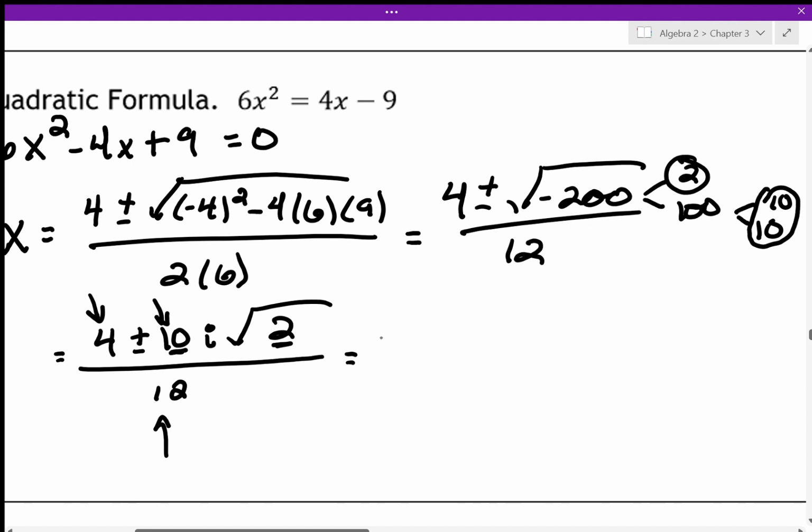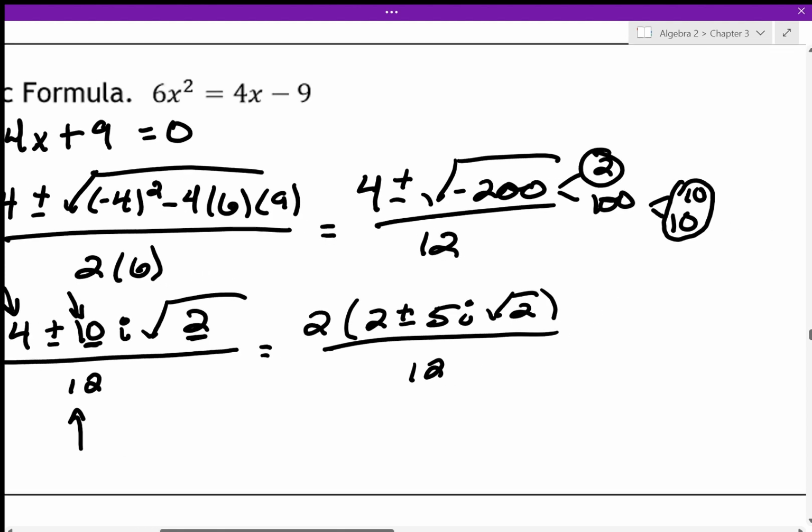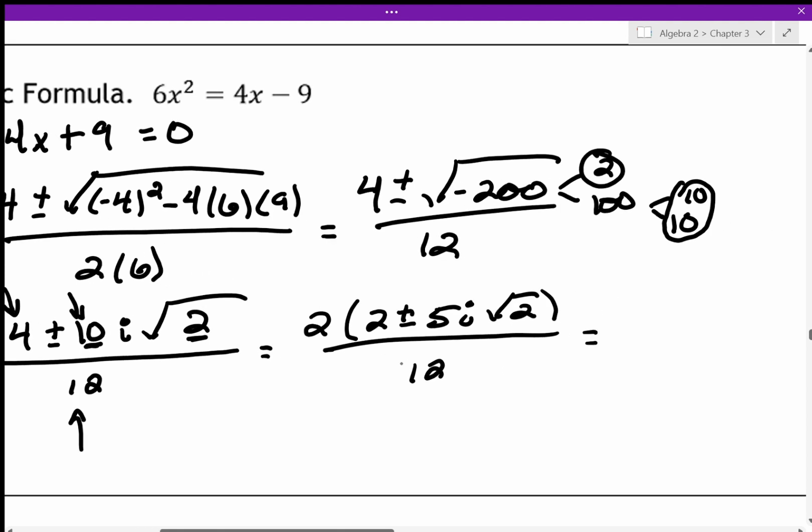What technically we would be doing here is we pull out a 2 from the top, and that would be 2 plus or minus 5i root 2 all over 12. So I factored out the 2 on top, and then I would cancel the 2 and the 12 like they were a fraction together, like 1/6. So I'd have a 6 in the denominator, and then 2 plus or minus 5i root 2 up top.